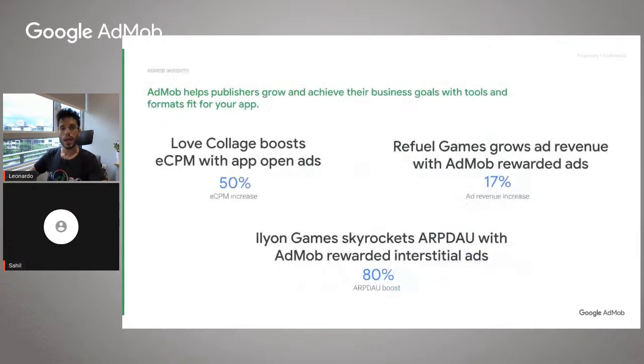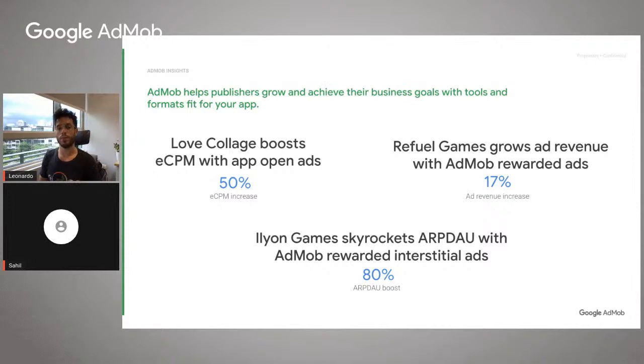Before jumping into the event content, I wanted to share a few examples of how AdMob helps publishers to grow and achieve their business goals with tools and formats fit for their apps. Firstly, with the latest format, app open ads, Love Collage increased their eCPM by 50%.